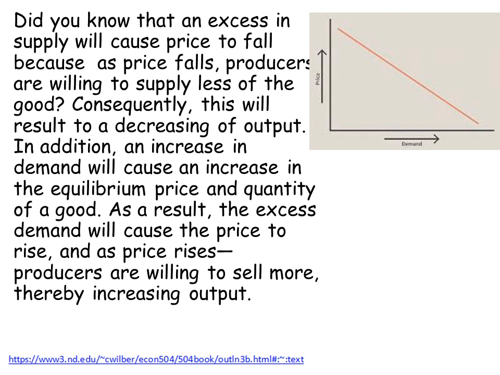Consequently, this will result to a decreasing of output. In addition, an increase in demand will cause an increase in the equilibrium price and quantity of a good. As a result, the excess demand will cause the price to rise, and as price rises, producers are willing to sell more, thereby increasing output. So what writing pattern was used here?